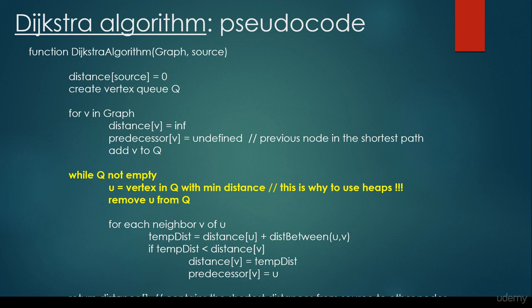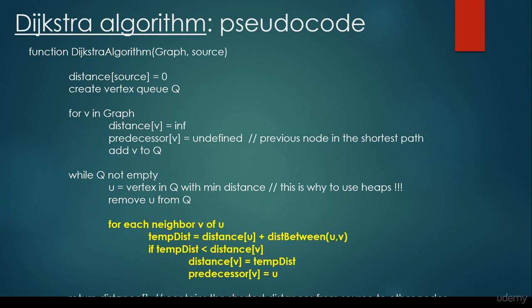And this logarithmic time complexity is going to yield the linearithmic time complexity as a whole for Dijkstra's algorithm. If we wouldn't use an appropriate data structure, a heap for example, then the running time would be worse. Then it's very important that we remove this u vertex from the queue, so we have to reconstruct the heap, and it takes logarithmic time complexity.